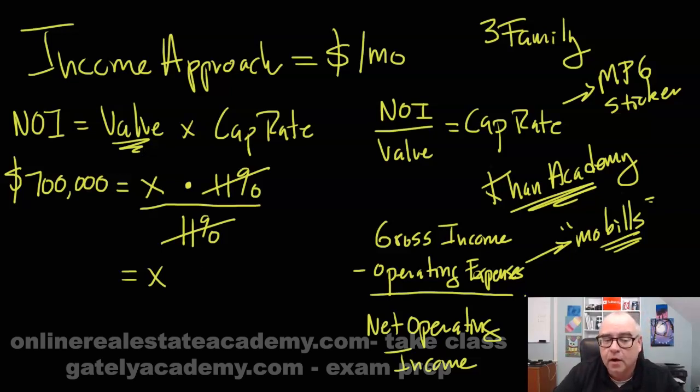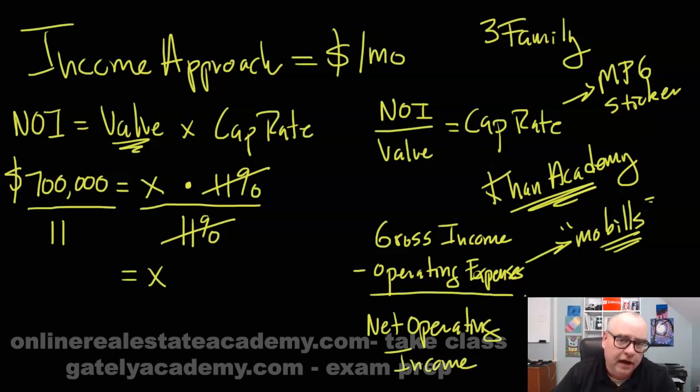Perfect. But not done yet, because what I do to one side of the equation, I have to also do to the other side. And this is where some of you might have got lost. Over here, I got to divide by 11%. But I can't, because 11% is not in a number format I can divide by.